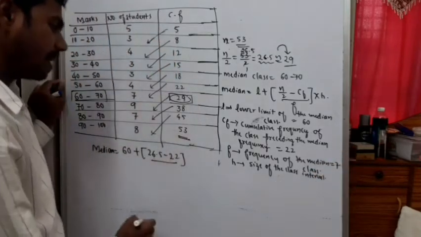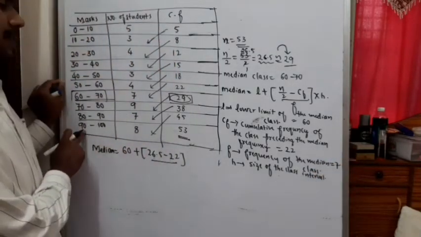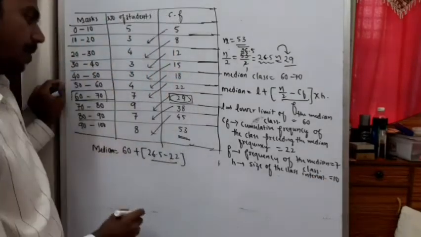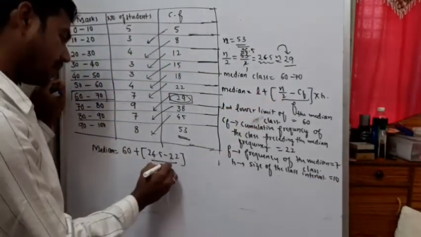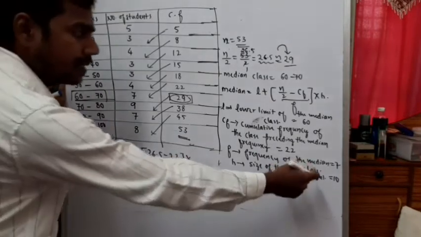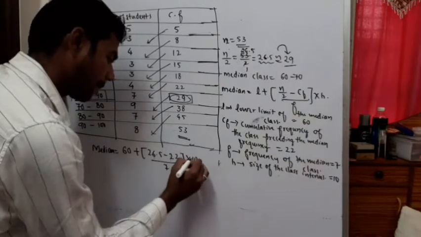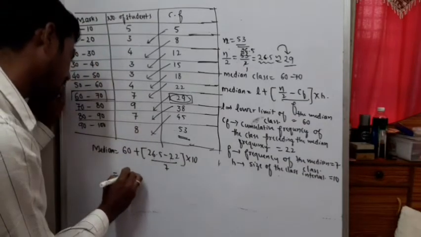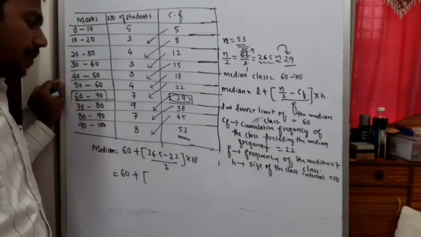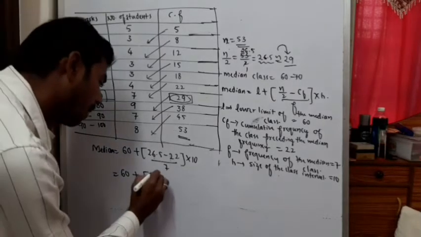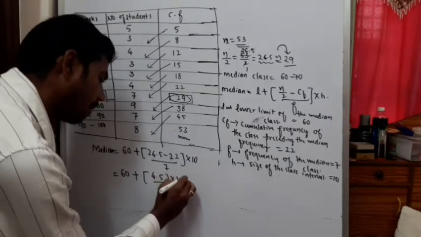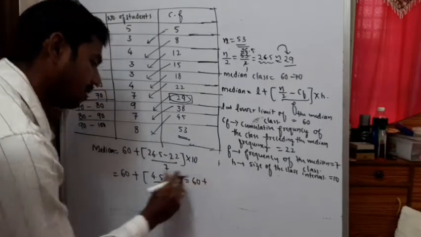Next, what is the size? 100 minus 90, that is 10. So F is 7, into H is 10. 60 plus 26.5 minus 22 is 4.5, divided by 7, into 10.